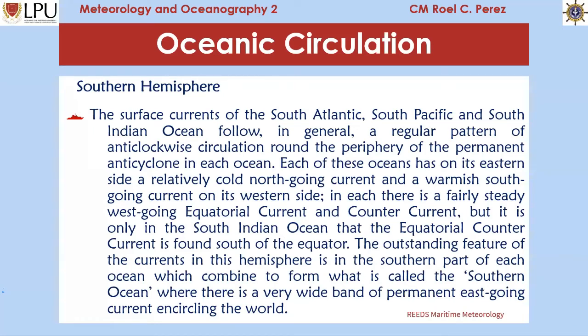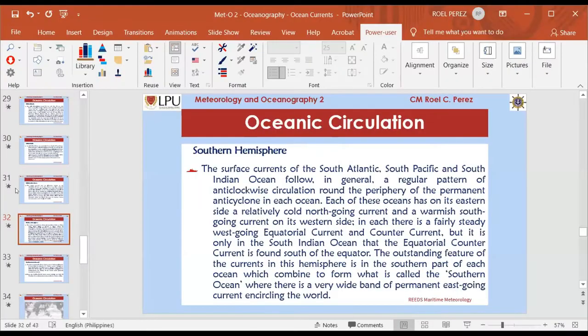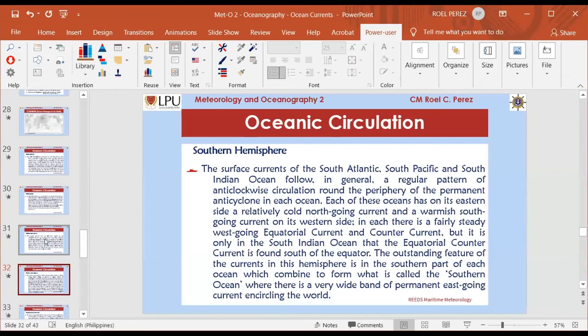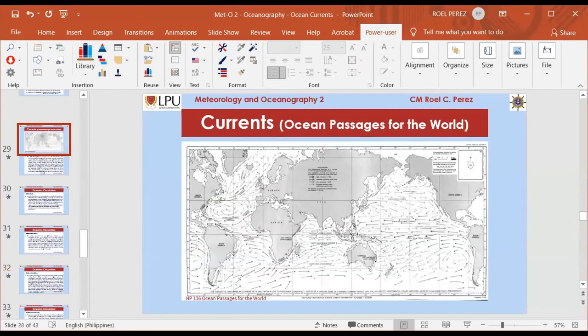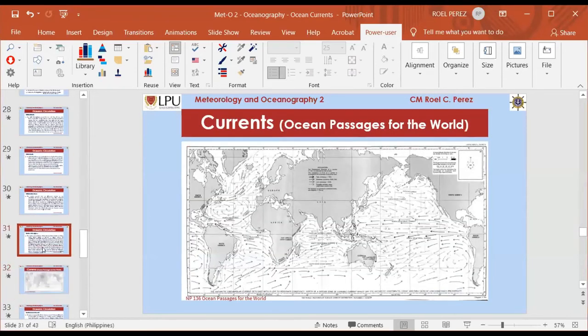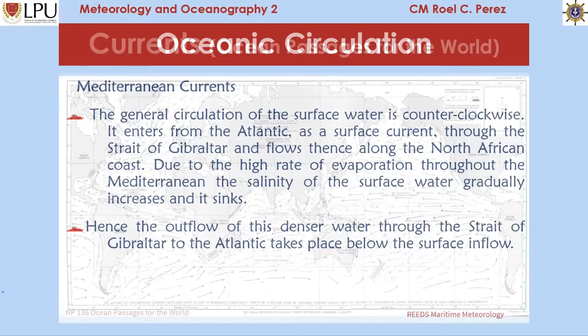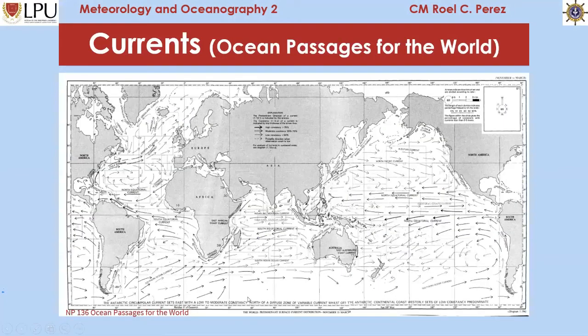So let's go back to the chart, map. Okay, so southern hemisphere, it is said that the circulation is anti-clockwise or counterclockwise.